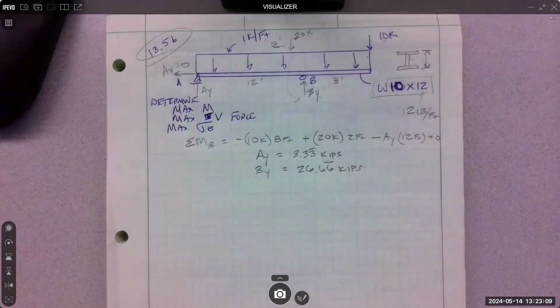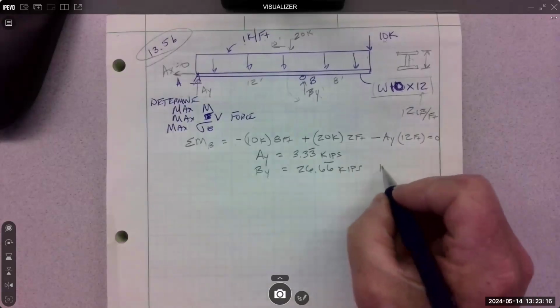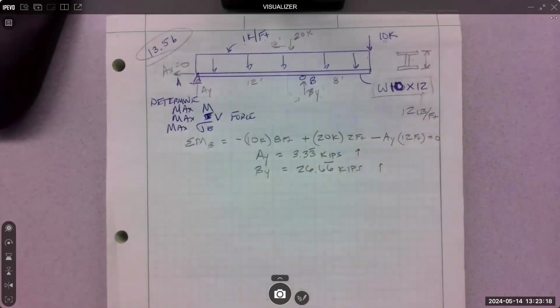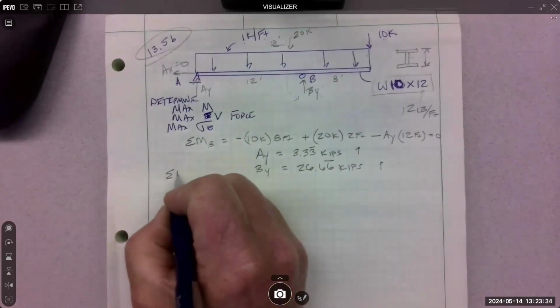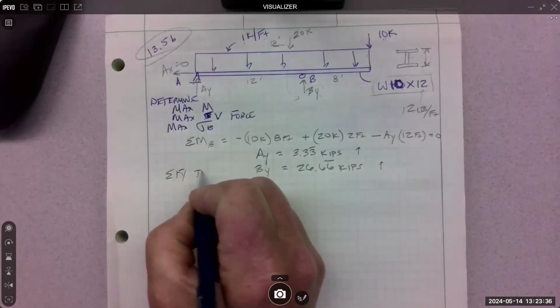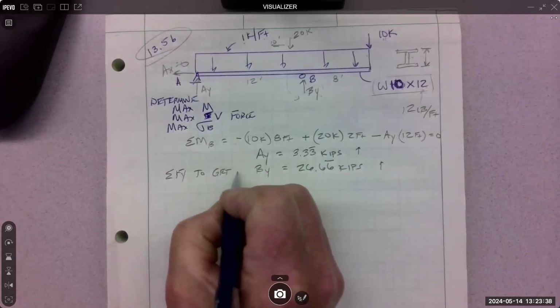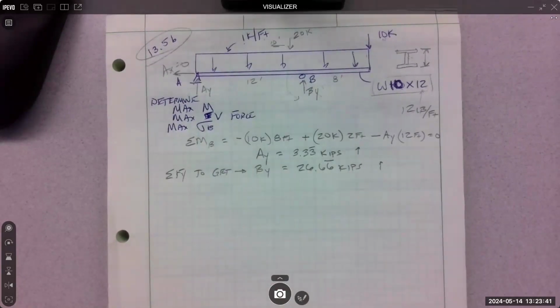All right. Sum of forces in the Y to get By.